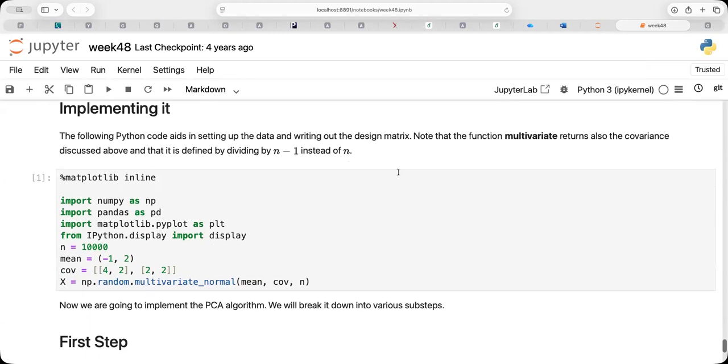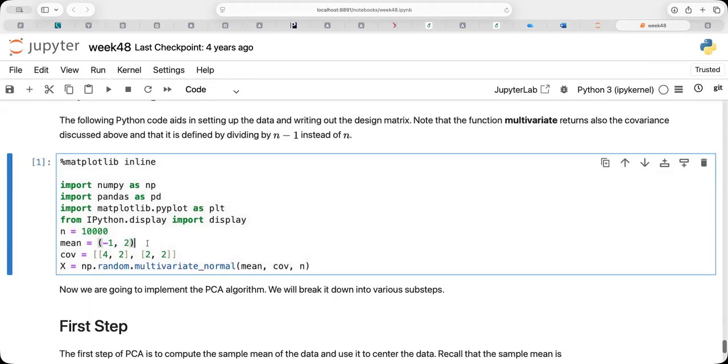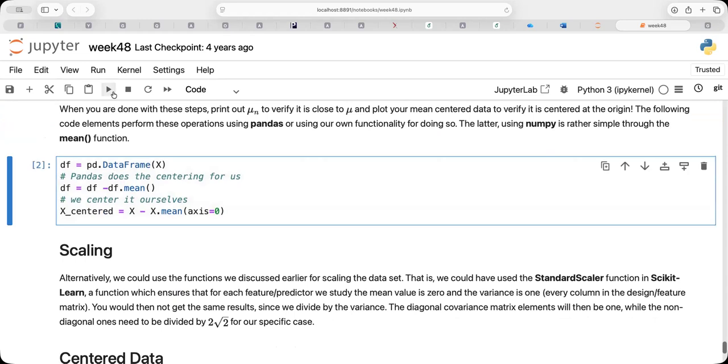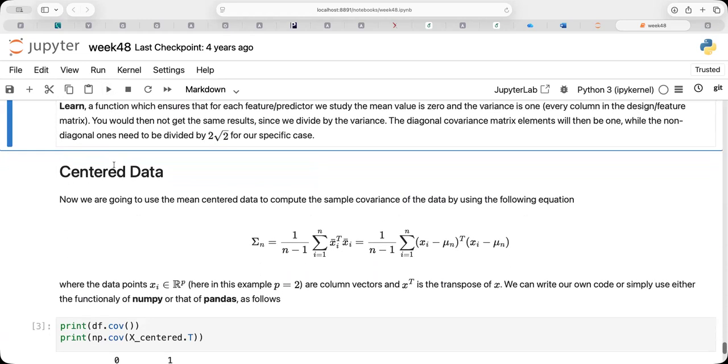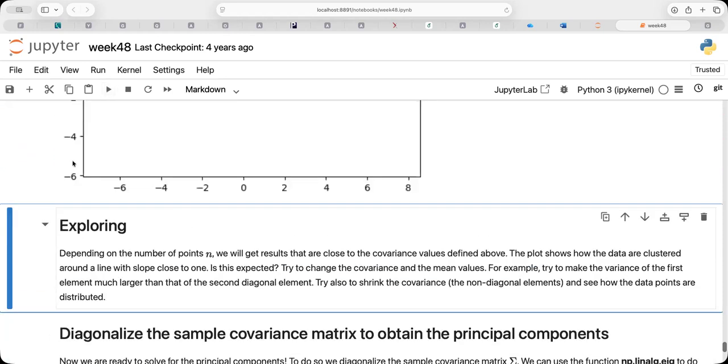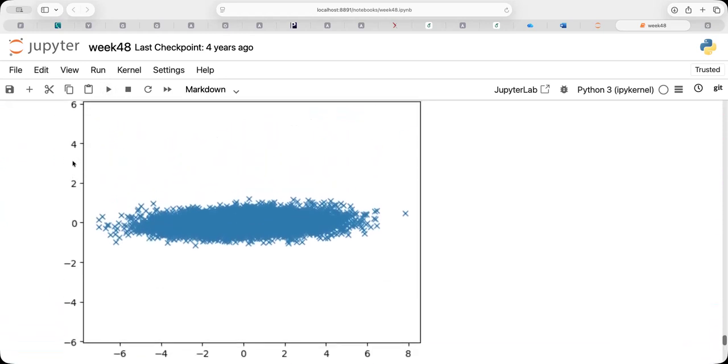Now I'm going to set up a covariance matrix where I instead have 0.1 along here, and I also put this one to be a pretty small value, 0.1. So we're going to see something slightly different. Let's rerun everything here. And now you see something like this.